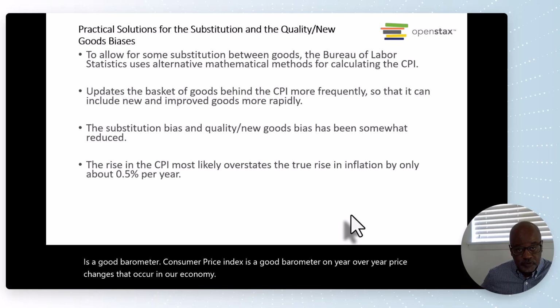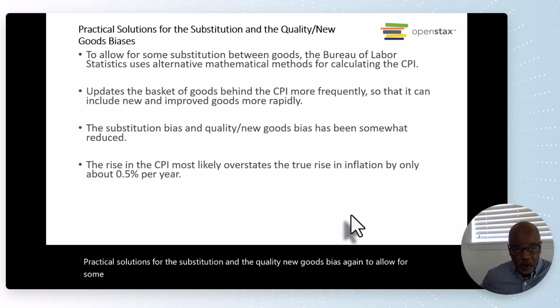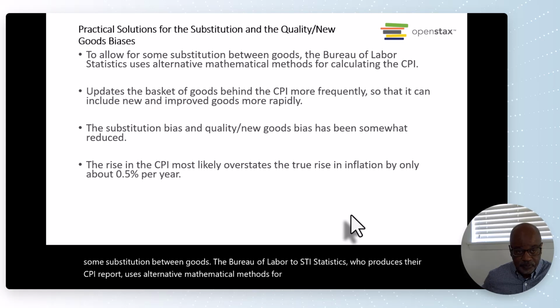Practical solutions for the substitution and the quality new goods bias. To allow for some substitution between goods, the Bureau of Labor Statistics, who produces our CPI report, uses alternative mathematical methods for calculating the CPI.